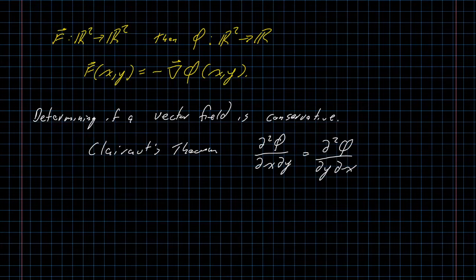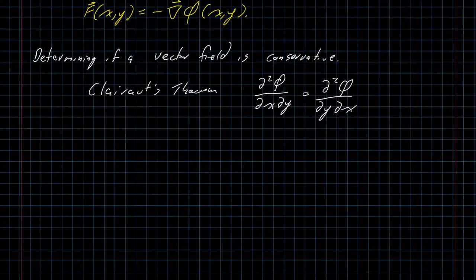The easiest way when you have a two-dimensional vector field to determine if the field is conservative or not is to rely on Clairaut's theorem. The second partial of phi with respect to y then x, or with respect to x then y, should give you the same value. And we can look to see if that actually happens by differentiating.